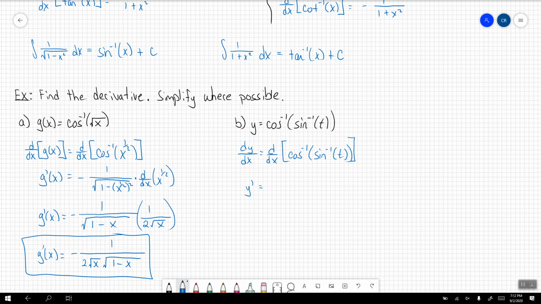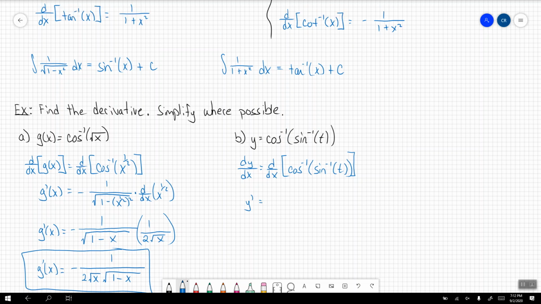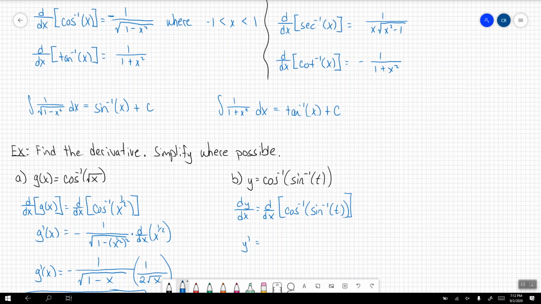Derivative of cosine inverse, well, if you look at the top of your screen here, the derivative of cosine inverse, once again, is going to get us -1 divided by square root of 1 minus the argument squared. So that's, again, -1 over the square root of 1 minus the argument squared.